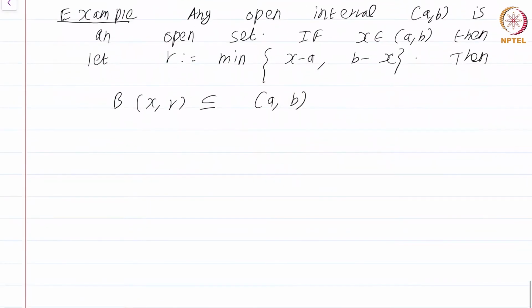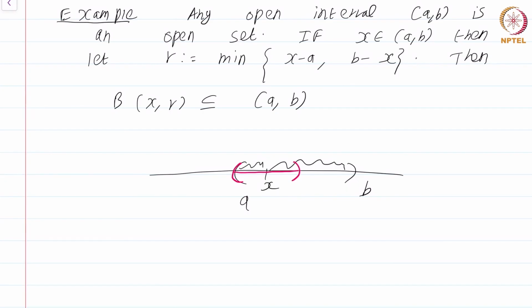So what this says pictorially is, if I choose the open interval (a, b), choose the point x here, I am looking at the minimum of these two distances and setting it to be the radius r. Then all I'm saying is, when you do this r radius ball around the point x, that is fully contained in (a, b). That's the way r was chosen.